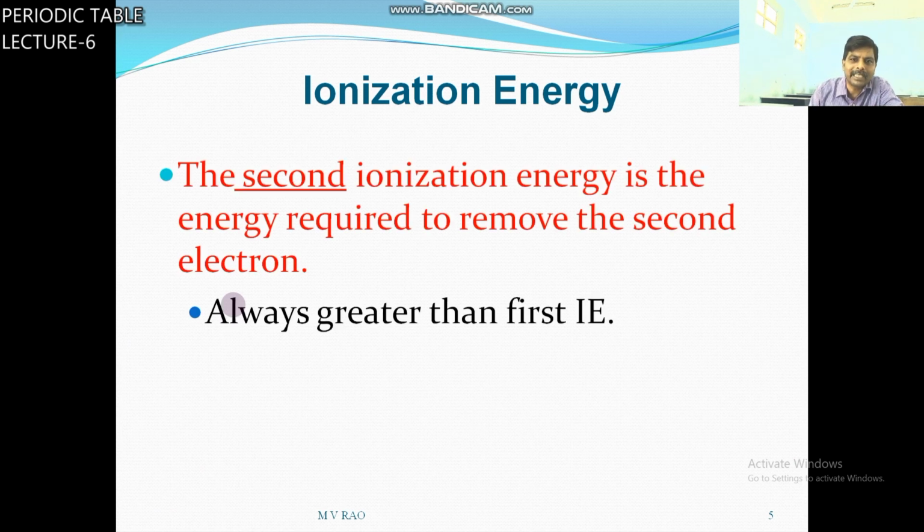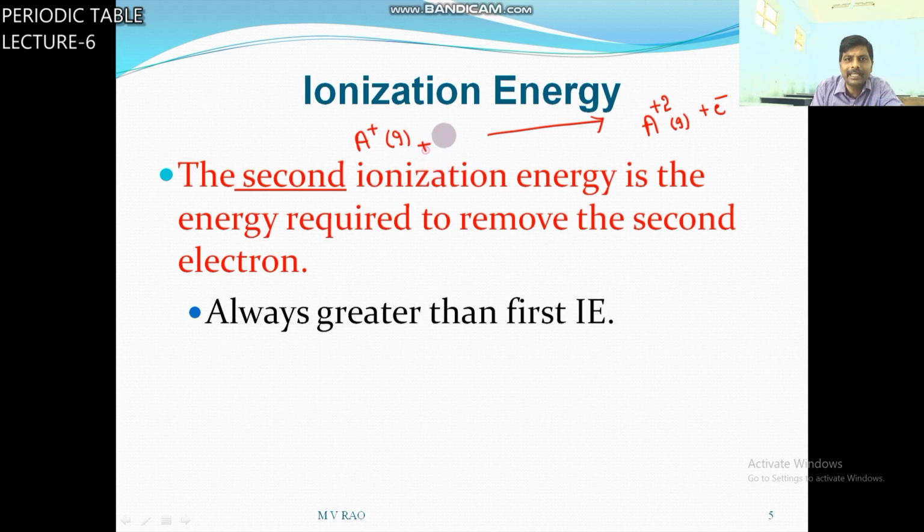So what about second ionization enthalpy? After removal of one electron, A becomes A plus. To remove one more electron from A plus, some energy is required, and it gives A plus 2 plus electron.